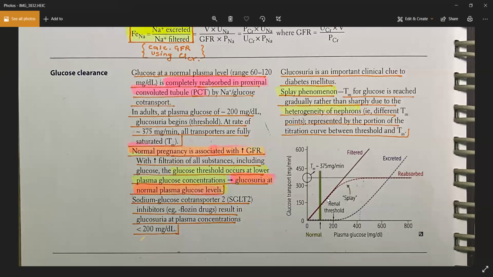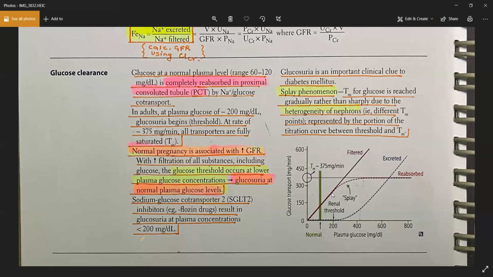Now, you already know that different transporters of the sodium have a difference in the saturation limit. Like one can reabsorb up to 100, some can do 200, some can do up to 400, right? So every transporter has its own limit.